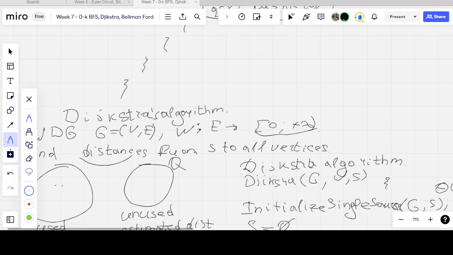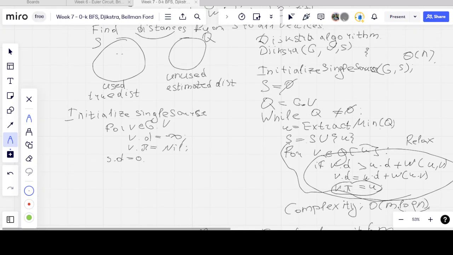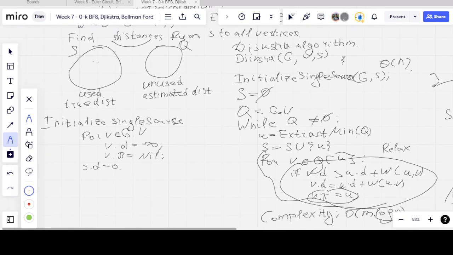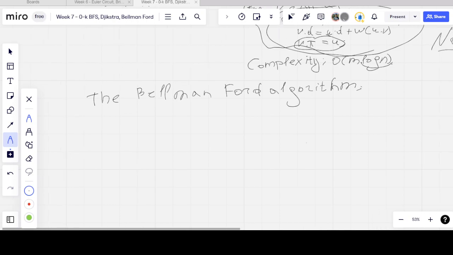The Dijkstra algorithm works only for graphs with non-negative weights. In the Bellman-Ford algorithm, we can consider negative cycles.